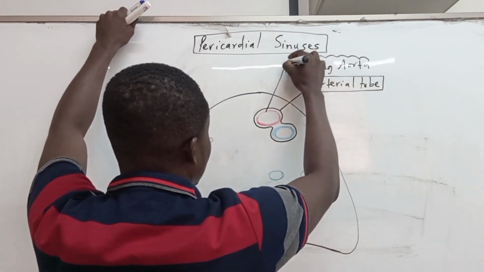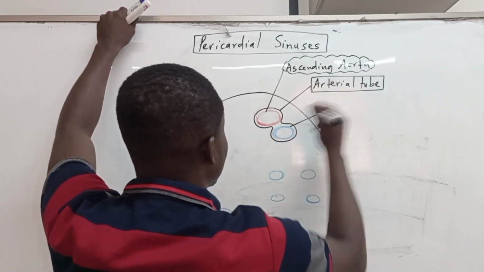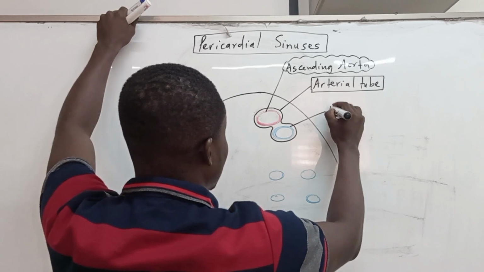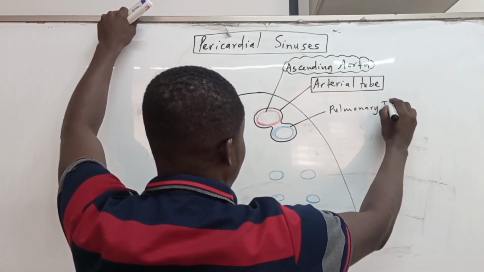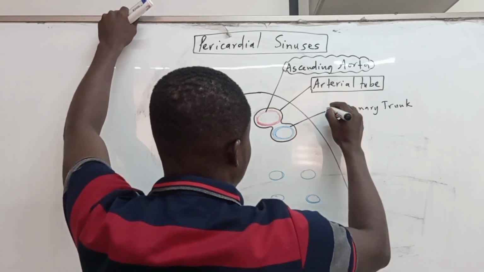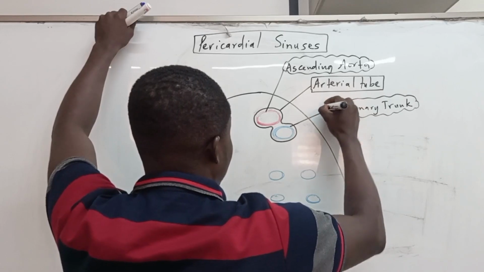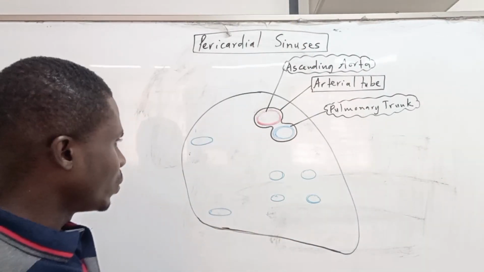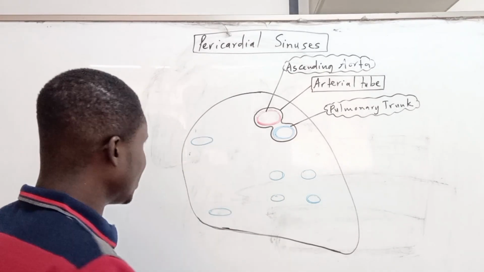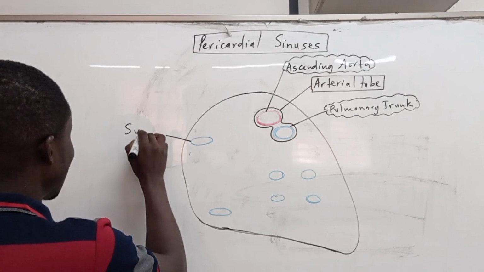And this one in blue, because it carries oxygen-poor blood, becomes the pulmonary trunk, forming that arterial tube. The remaining ones over here are all veins. This one I have over here is my superior vena cava.